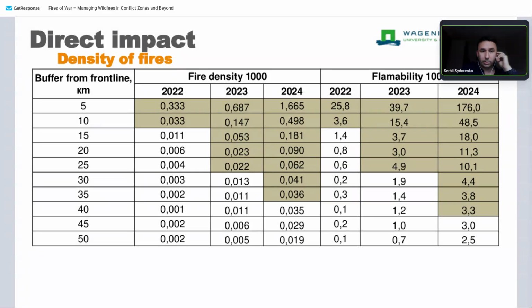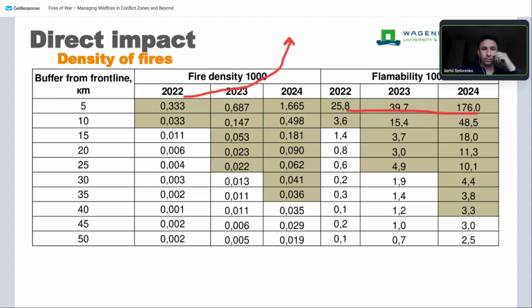If we compare these 3 years of war, we can easily see that fire density started to increase each year, which means that military actions started to be more intense, and also new varieties of weapons are coming to the front line, and we have more and more ignitions, and it also led to an increase in flammability. For the 5 kilometer buffer zone, flammability increased about 8 times.